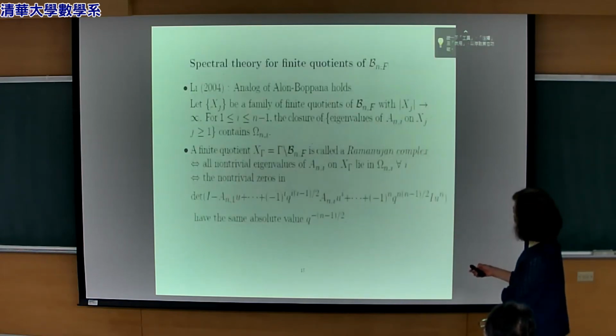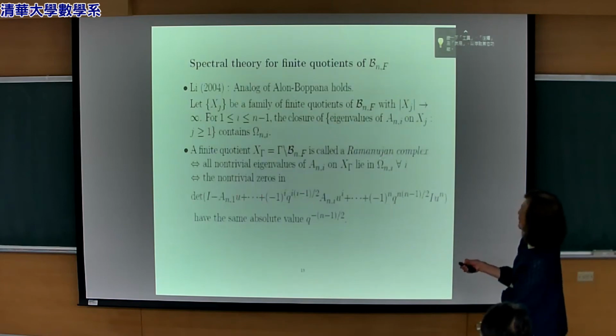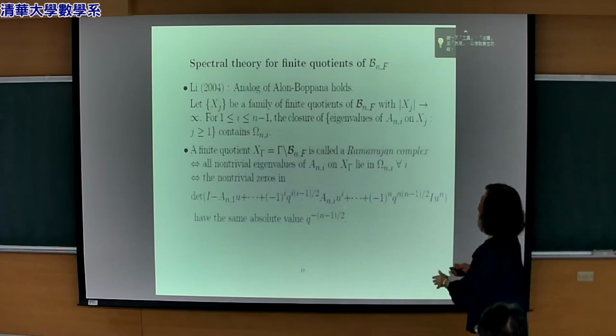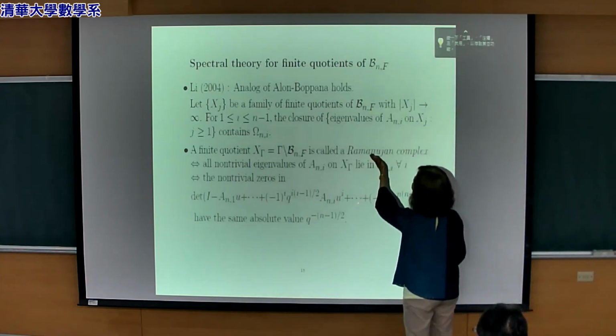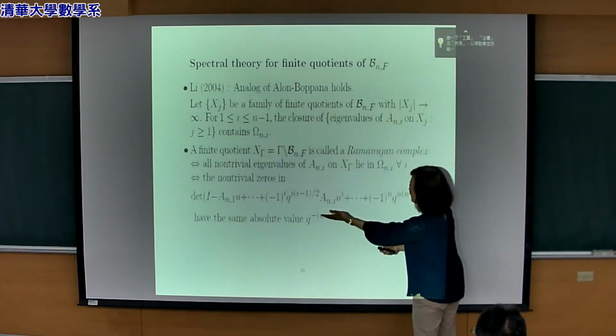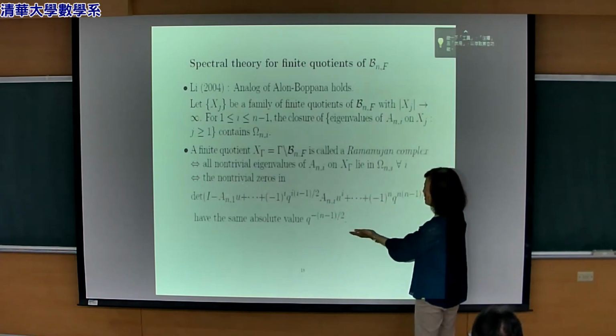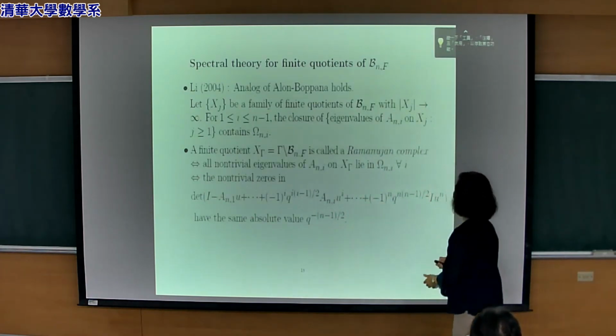Okay, here. You see the Ramanujan property, so when n equals 2, a Ramanujan complex becomes a Ramanujan graph. That's the same thing here. Ramanujan complex means that this expression, or the non-trivial zeros, have the same eigenvalues.